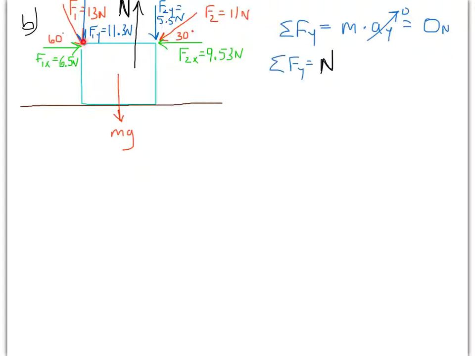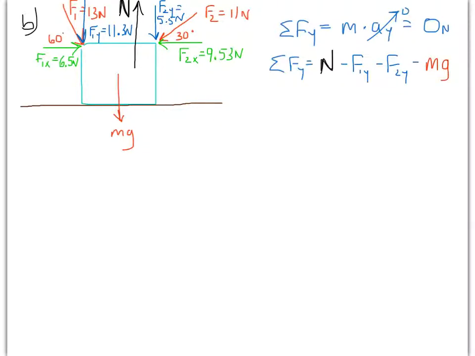F1y minus F1 in the y direction minus F2 in the y direction. Also minus what else? Minus the weight force, it's counteracted downwards by the weight force of the block itself, mg right there.